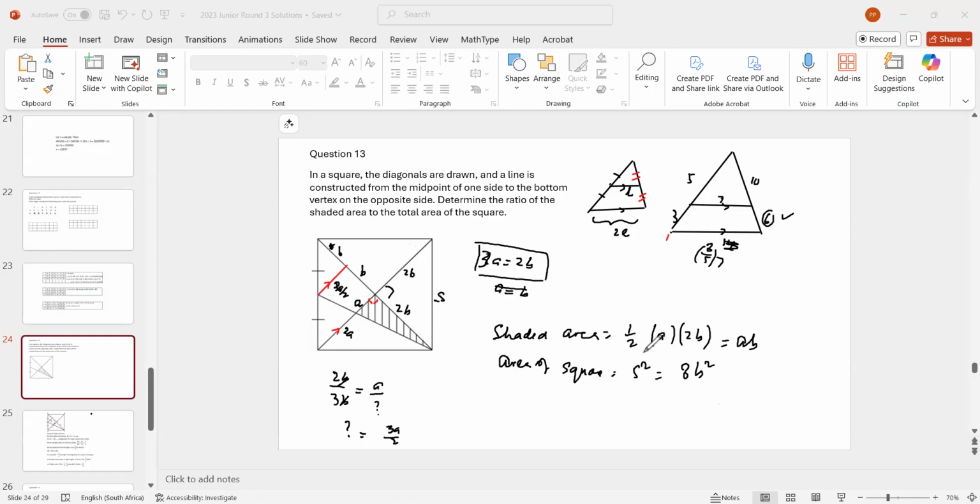Right? And AB, we said that B is 3A over 2. So this is A times 3A over 2. So now you have the shaded area in terms of A. Maybe we'd better put A is 2B over 3.